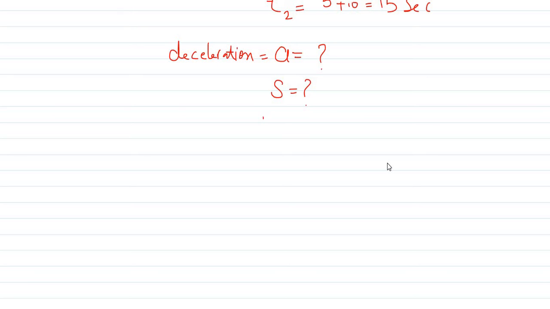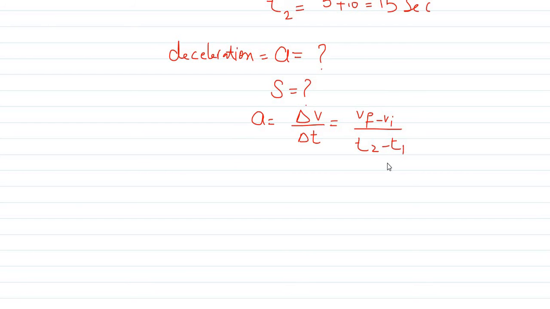You know that the formula of acceleration is rate of change of velocity divided by rate of change of time, and rate of change is denoted by delta. Rate of change of velocity is vf minus vi, and time is t2 minus t1.